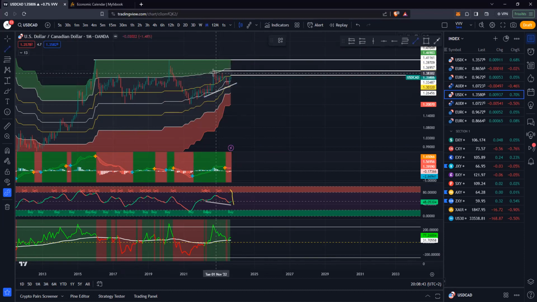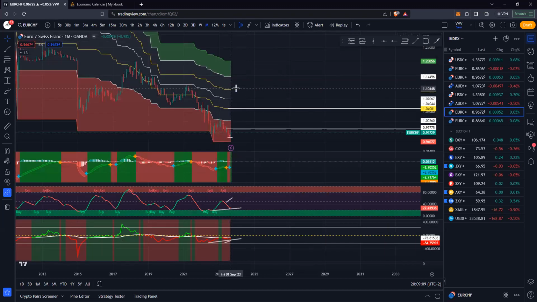And as you see, the correction is broken right there. Just a small pattern, but I'm gonna remove this one. Right, so that's the next move I want to see from the market.